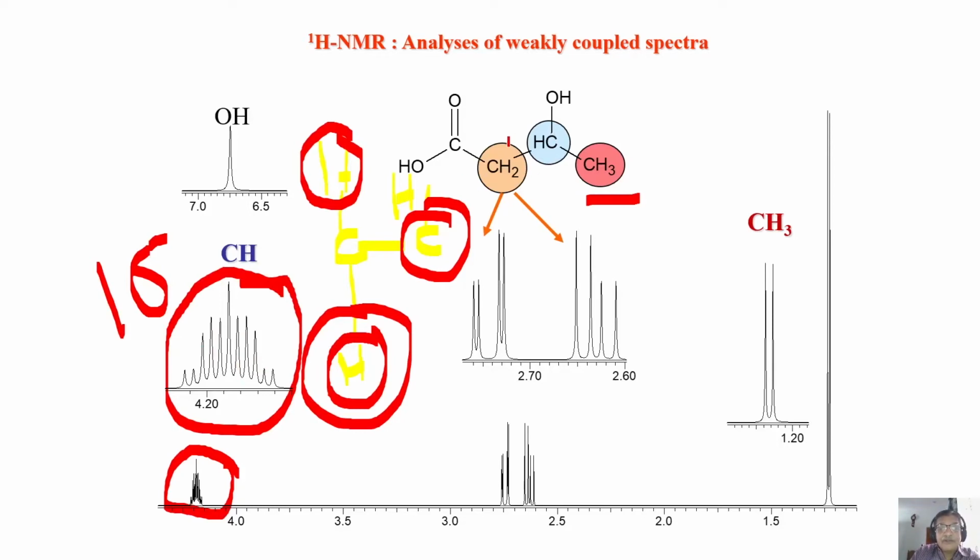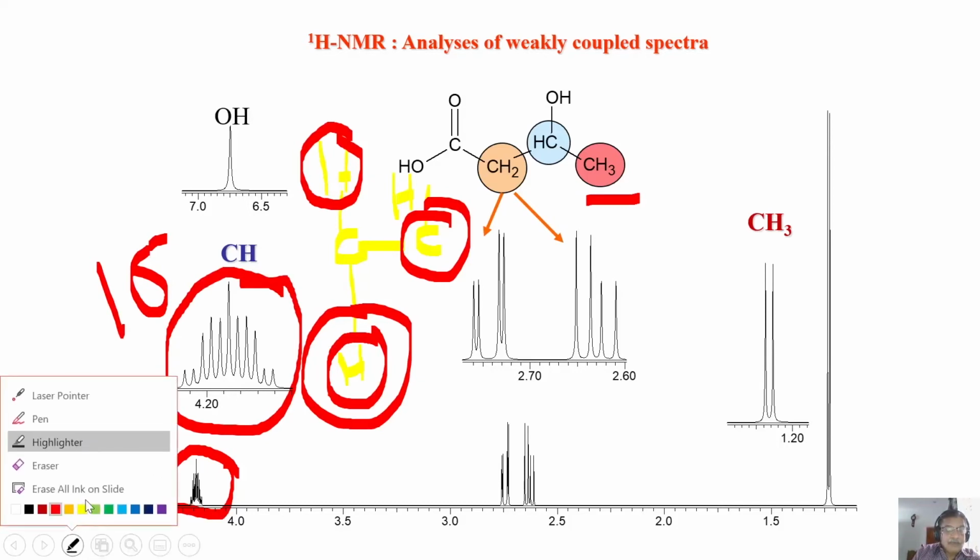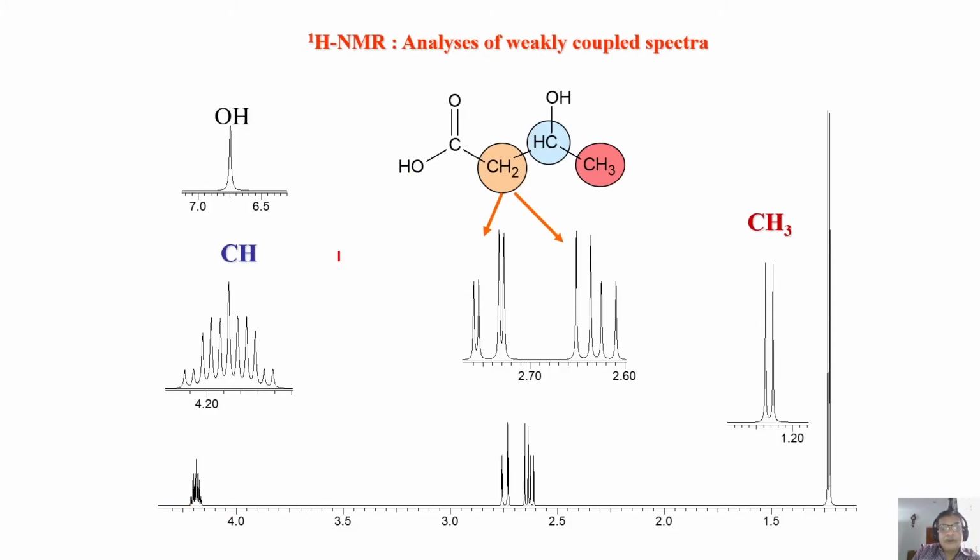Now coming back to this, these two are non-equivalent. What do you mean by that? Now, what is the coupling we are expecting? What is the pattern we should expect? Look at this one.